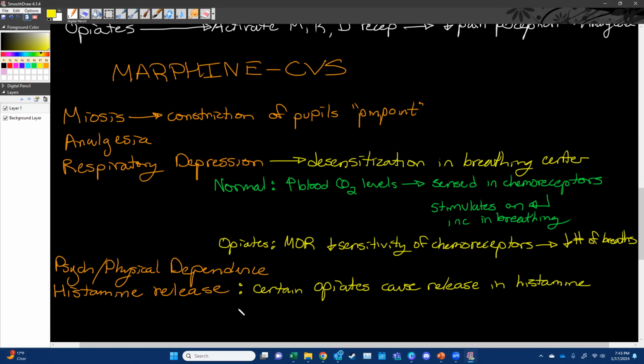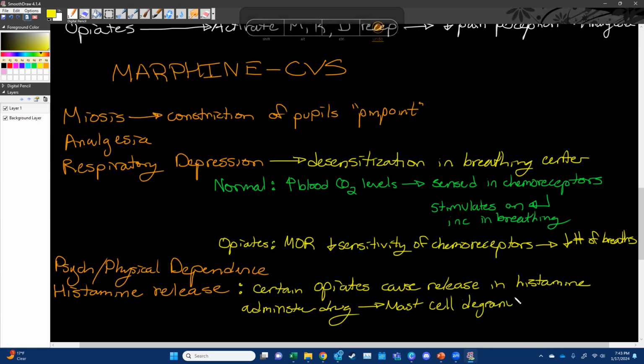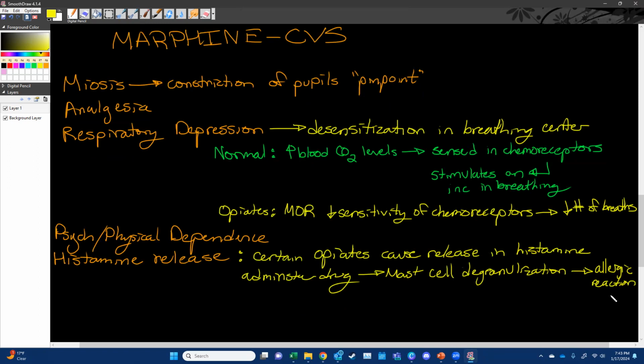What ends up happening is that you administer the drug, and for a multitude of different reasons, this causes mast cell degranulation, which is going to cause an allergic reaction. In the same way that if someone with a peanut allergy eats a peanut, they're going to end up getting some sort of allergic reaction.